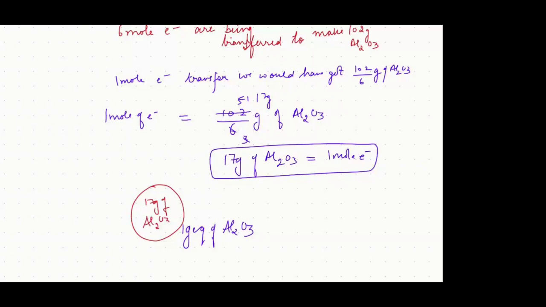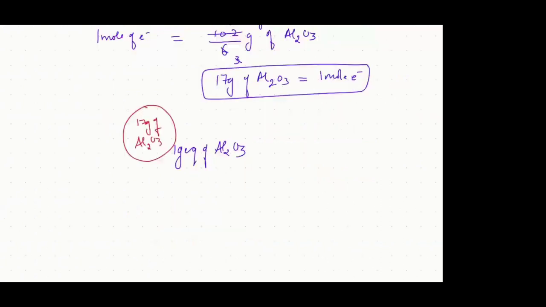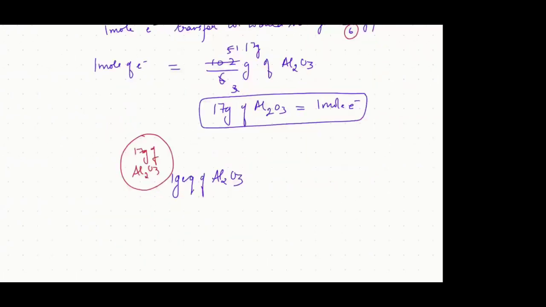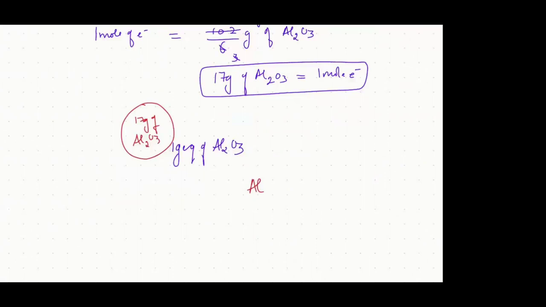So when I talk of 17 grams of Al2O3, you have to understand that for a compound made up of 2 or more elements, how do you calculate the equivalent mass? Now, just have a look here. The n factor with which I divided was 6. Al2O3 is actually formed by the crisscross of the 2 species.